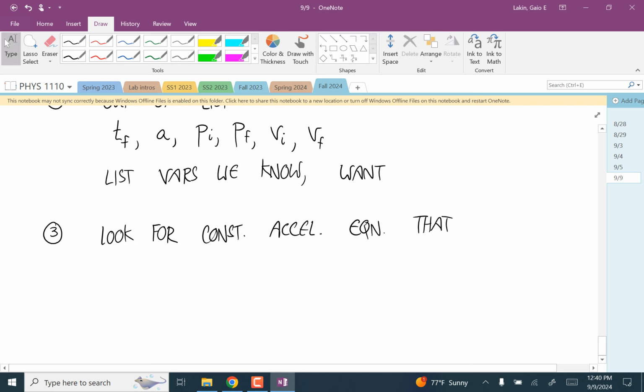And in order for an equation to work, to solve what you're looking for, it has to have the variable you want, and every other variable in the equation has to be known.